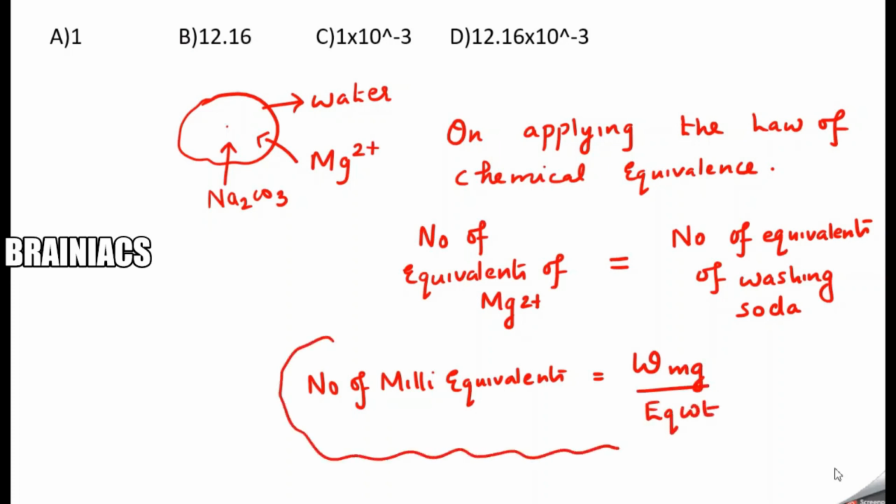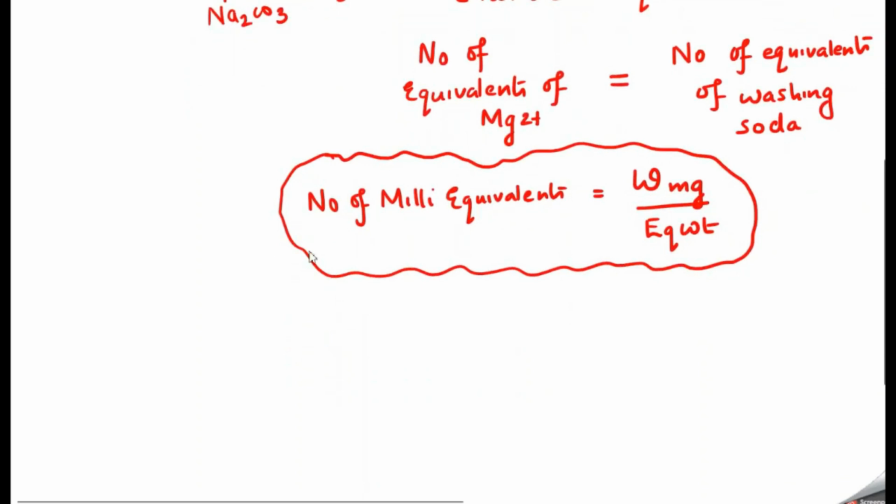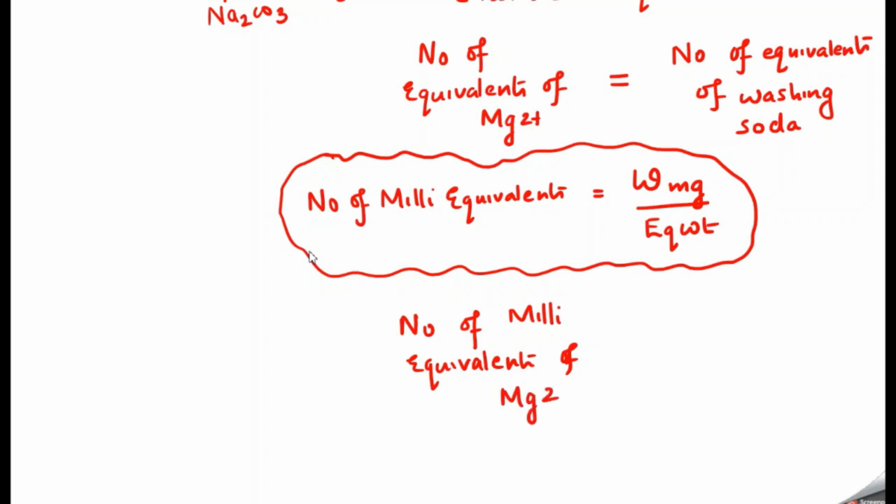So don't worry, whenever you say milli, weight in gram becomes weight in milligram. That's it. So I can rewrite this equation: the number of milli equivalents of Mg2 plus should be equal to the number of milli equivalents of washing soda, because we are multiplying by milli on both sides. Correct?